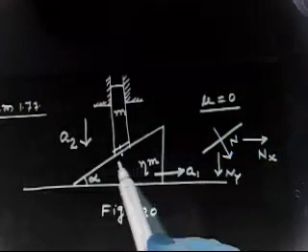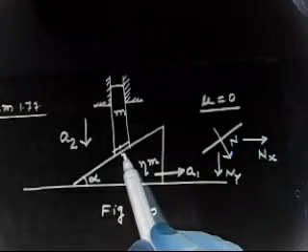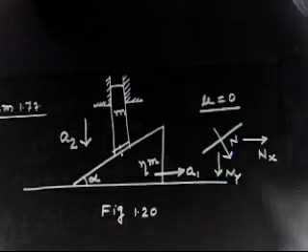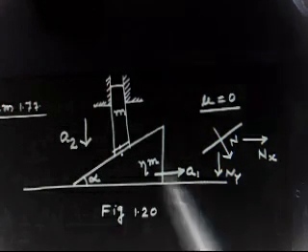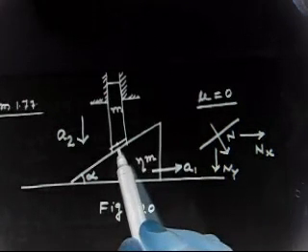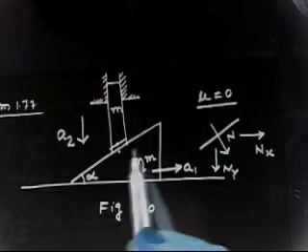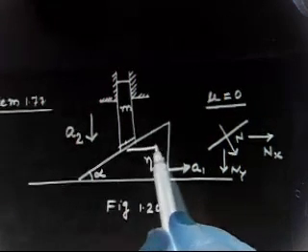These two points are the same point, just touching. So this point is on the wedge as well as on the rod, in a limiting situation. So the lower point will have acceleration A1 in this direction.